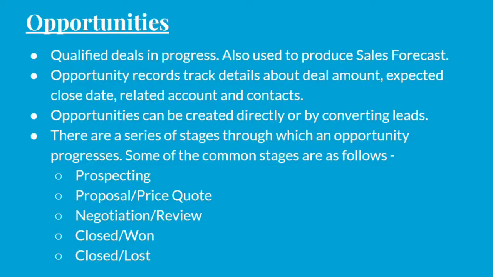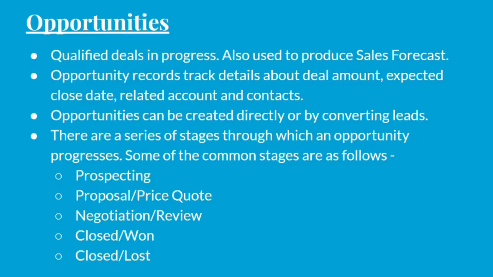So when you are on negotiation or review, suppose your probability is like 70%. So 70% of the opportunities, when they reach this stage, it's more likely that they will be closed properly. You will close the deal basically with success. So that's what these stages are defined for.